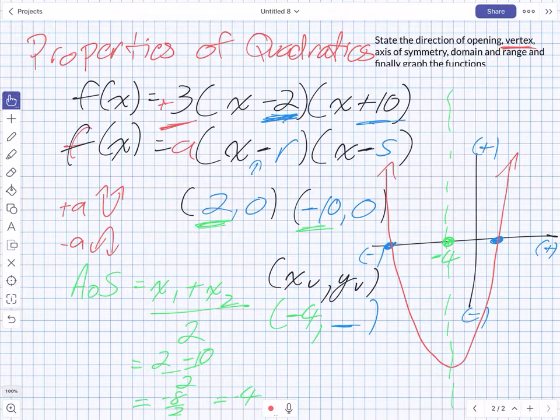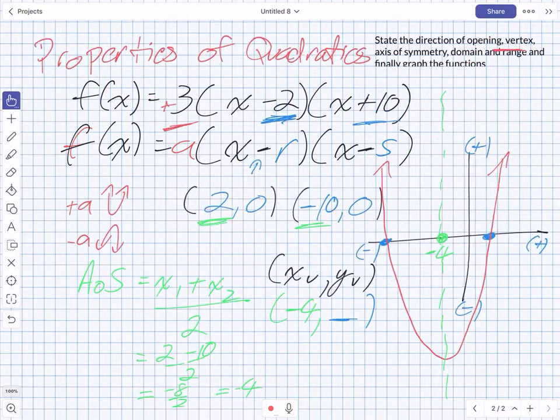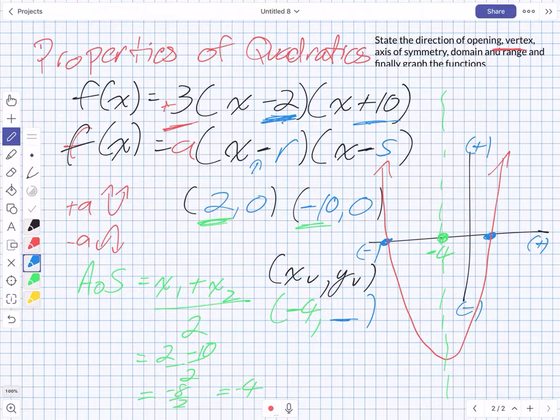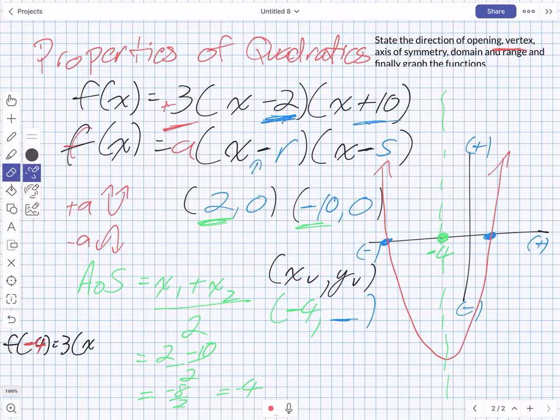Let's see if I have a little room for that. I might have to shrink this down a little. Ooh, that didn't work out, so I'm going to write it on the side here. We'll do it in black on the left bottom corner. So the function, when x is negative 4, is equal to 3, and I'll write that in red, negative 4 minus 2, and negative 4 plus 10.